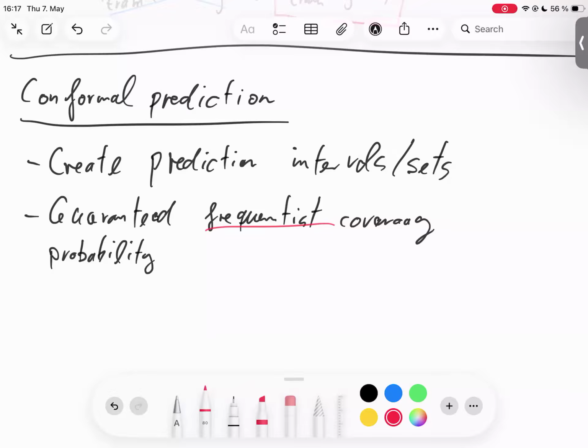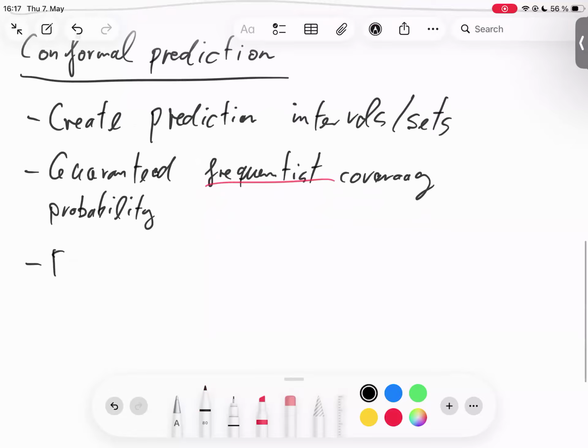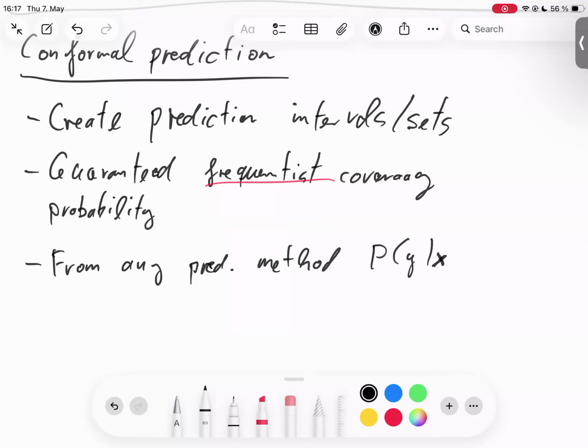And the interesting thing is this is for any predictive method that works the following way, that we actually have a probability of the label given the data.